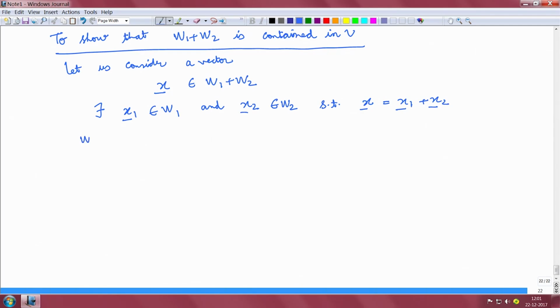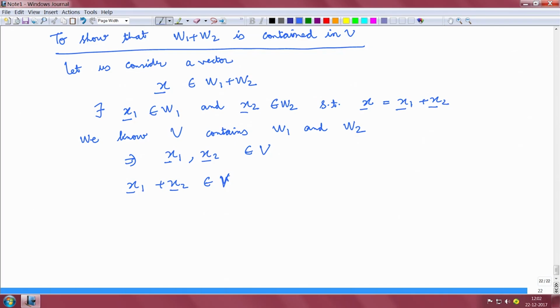Now, we know V contains W1 and W2. Therefore, x1 and x2 are present in the vector space V. As V is a vector space, x1 plus x2 should also be in V. And x1 plus x2 belongs to W1 plus W2, which is x itself.